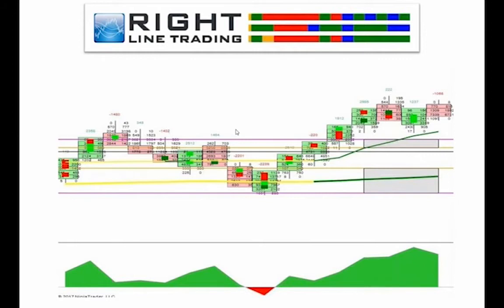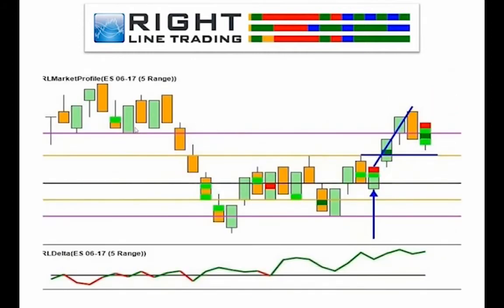So what we've done is we've simplified it. And this is the way our indicator looks. Very simple. We've eliminated all those numbers in each of those different tick values in this particular case, and just show you the buy-sell imbalance on any given trade intra-tick. A very clean chart.